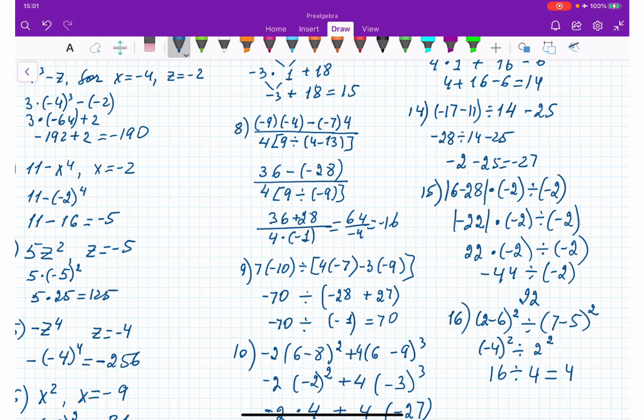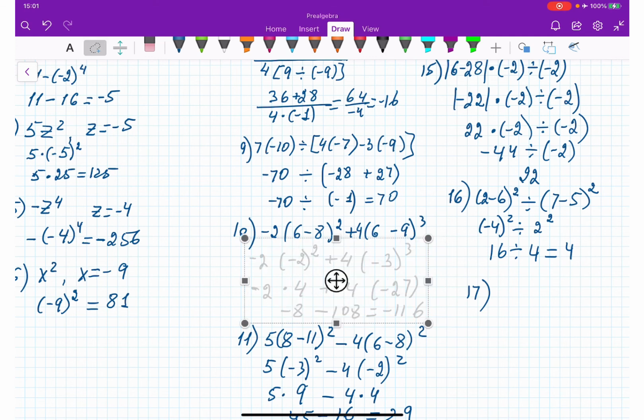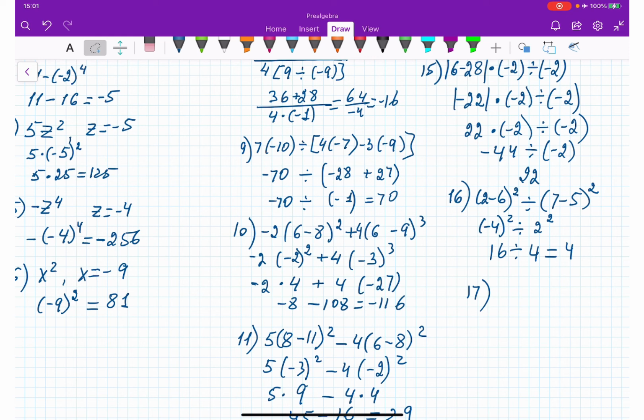Number 17. Let me move this to this side a little bit. So number 17, negative 7 squared.